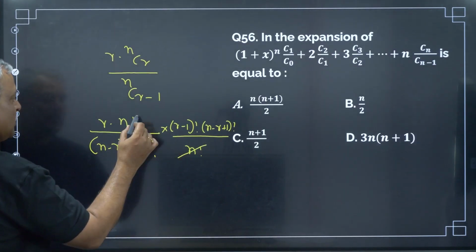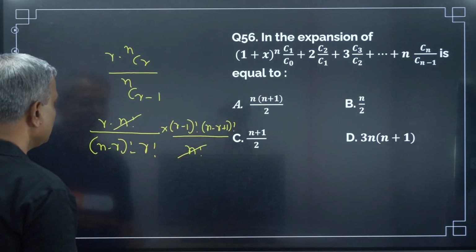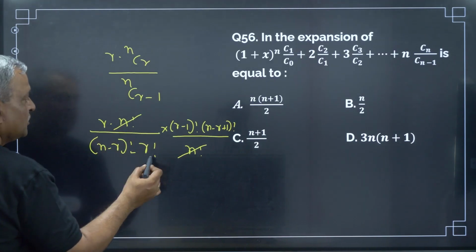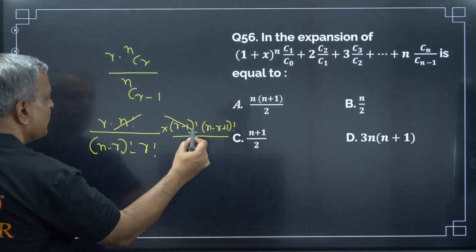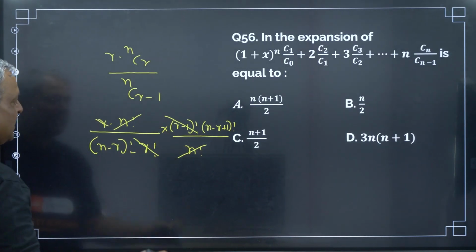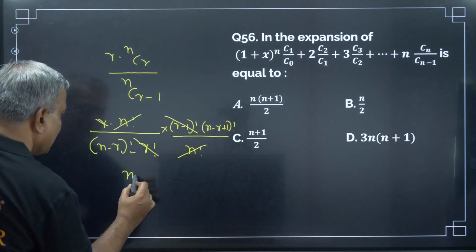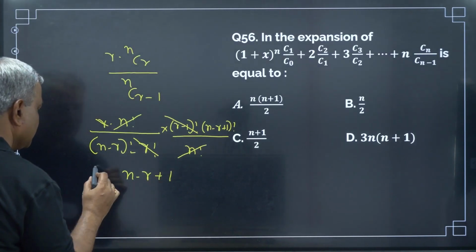So n factorial will cancel. Okay, r minus 1 factorial and r factorial will cancel with r. You get n minus r plus 1.